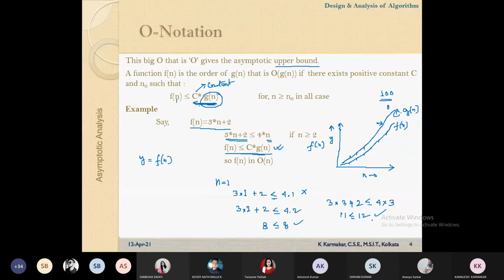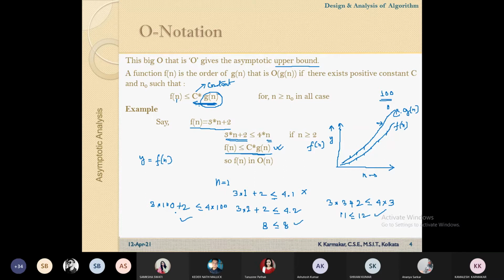This one is again satisfied. Now you may try with any large value of n, like n equals 100. So 3 into 100 plus 2 is less than or equal to 4 into 100. For any large value of n, it will be satisfied.